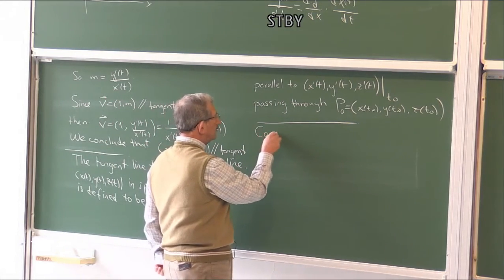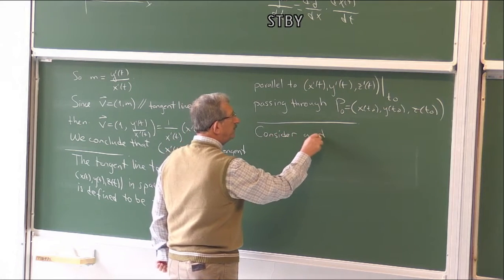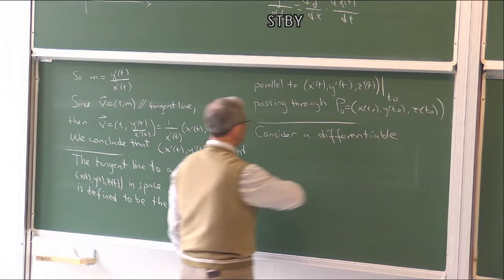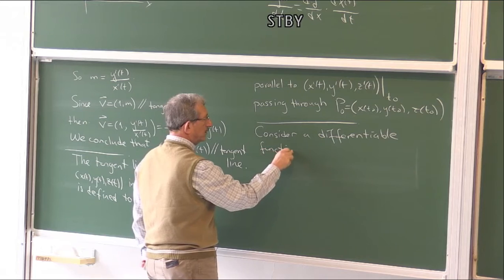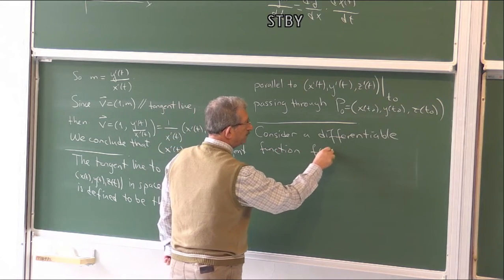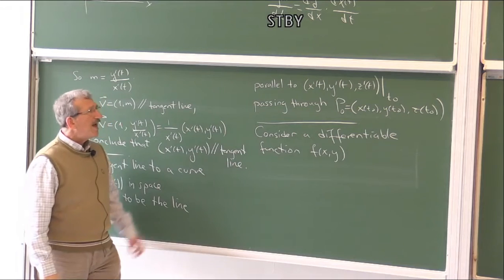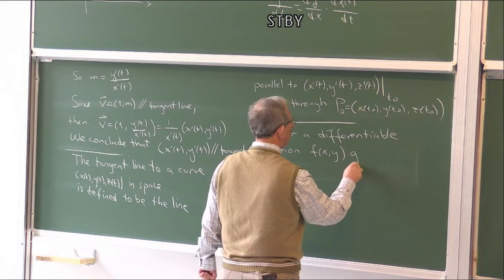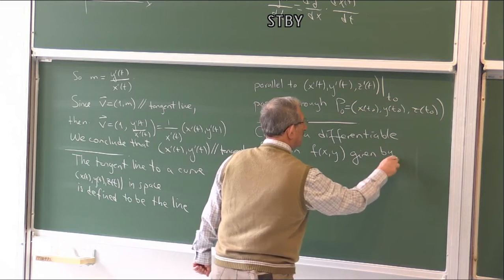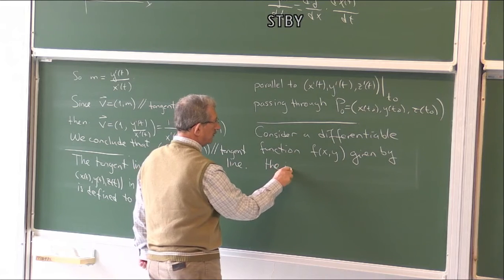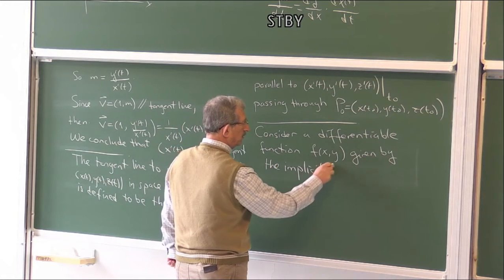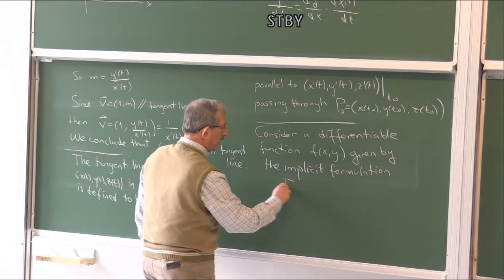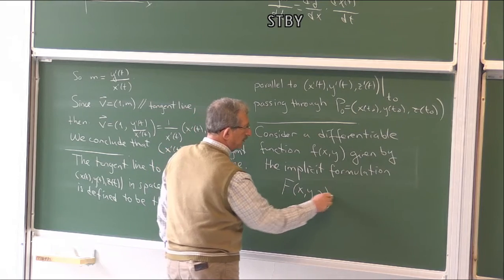Now consider a differentiable function f of x, y, z, given by the implicit formulation f of x, y, z is 0.